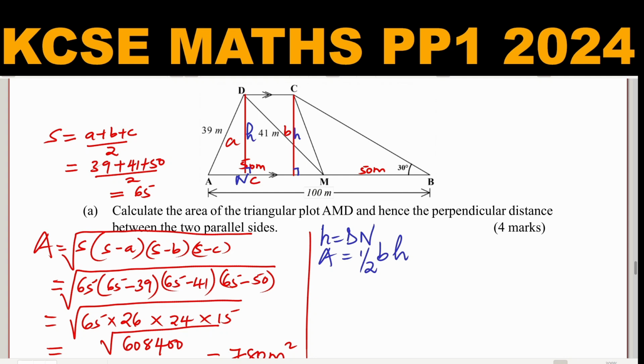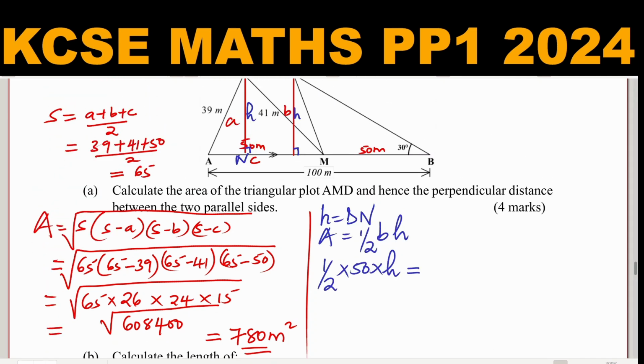So we have the area as 780, so we can say that half times the base, in this case AM is the base, which is 50, times the perpendicular height, that is what you are looking for, should give us the area of that triangle, 780.